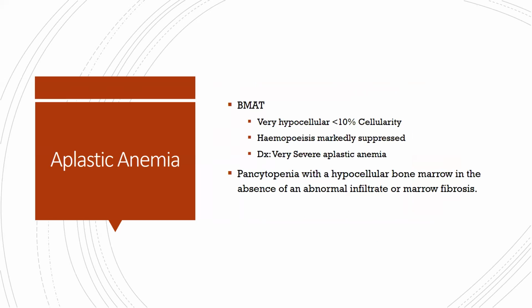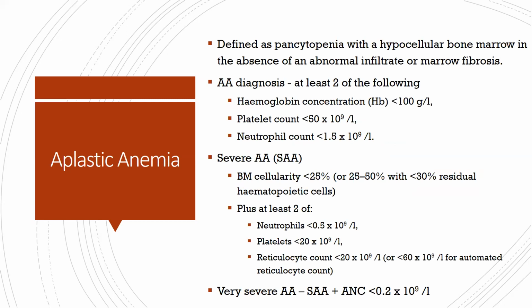It's very hypocellular. Okay, so we can see this is a very severe aplastic anemia where the hematopoiesis is markedly suppressed. Aplastic anemia is defined as a pancytopenia with hypocellular bone marrow in the absence of any abnormal infiltrate or marrow fibrosis. Okay, so there are actually three diagnostic criteria that we should be aware of.